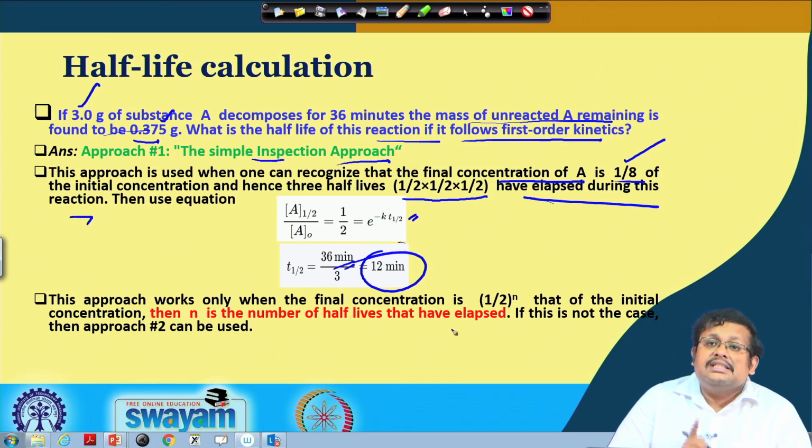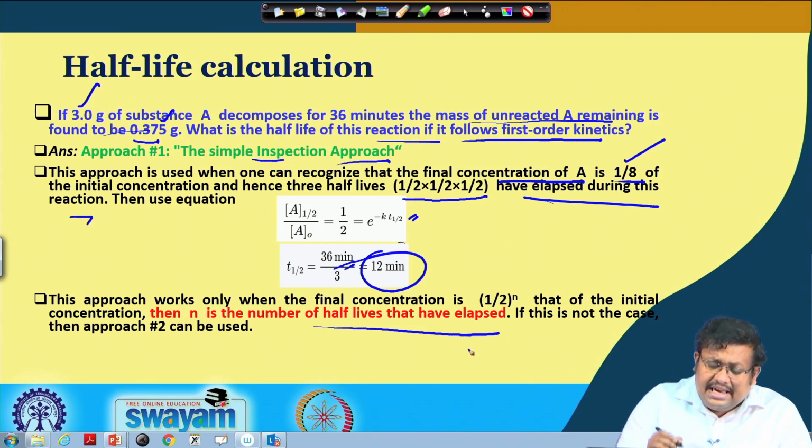Remember, this is the only condition that has to be followed for calculating using the simple inspection approach. For example, if the final concentration is 1/2 to the power n of the initial concentration, then n is the number of half lives that have elapsed.